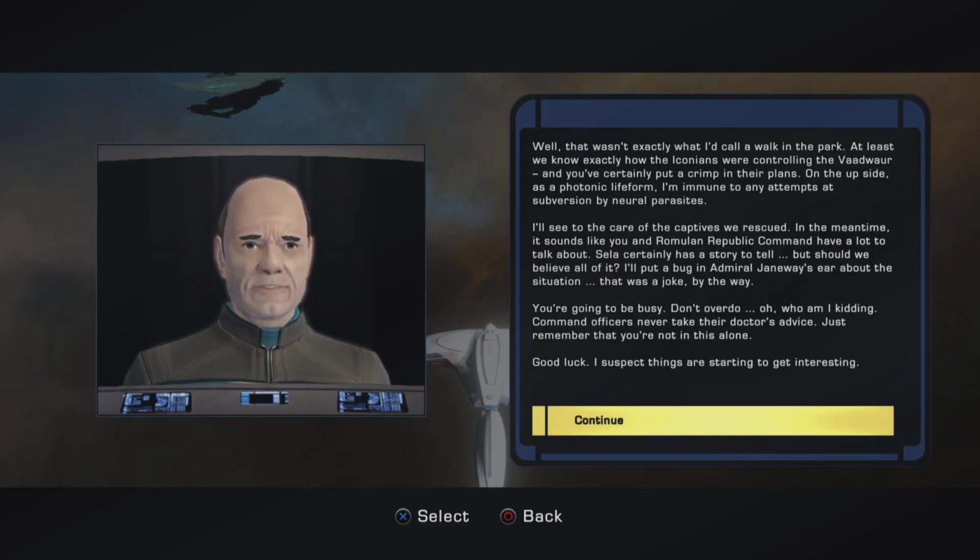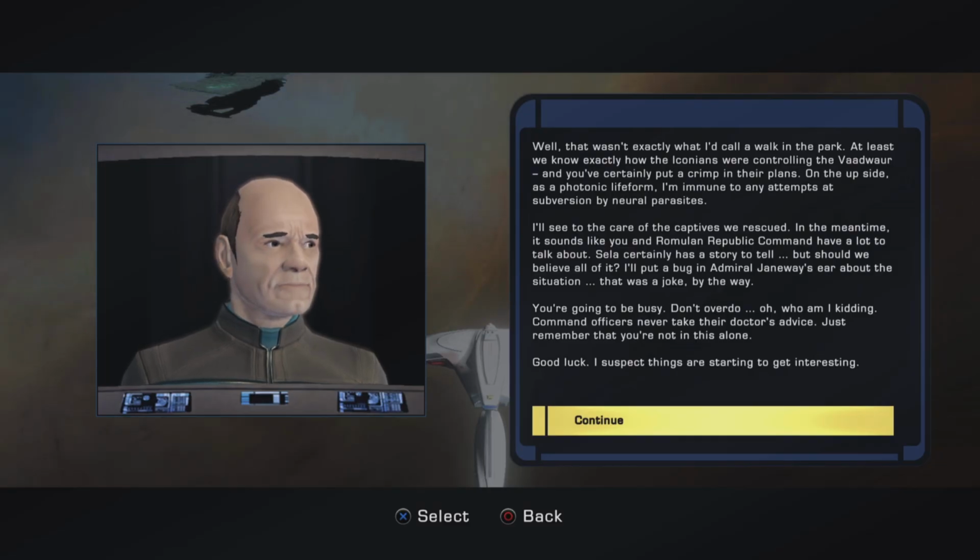Sela certainly has a story to tell. But should we believe all of it? I'll put a bug in Admiral Janeway's ear about the situation. That was a joke, by the way. You're going to be busy. Don't overdo... Oh, who am I kidding? Command officers never take their doctor's advice. Just remember that you're not in this alone.